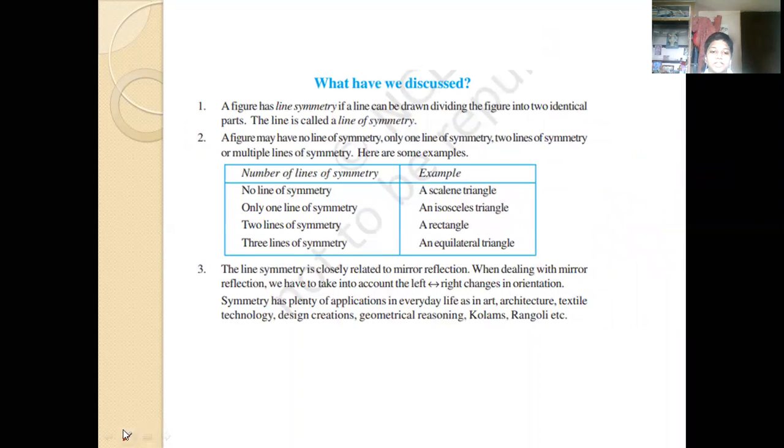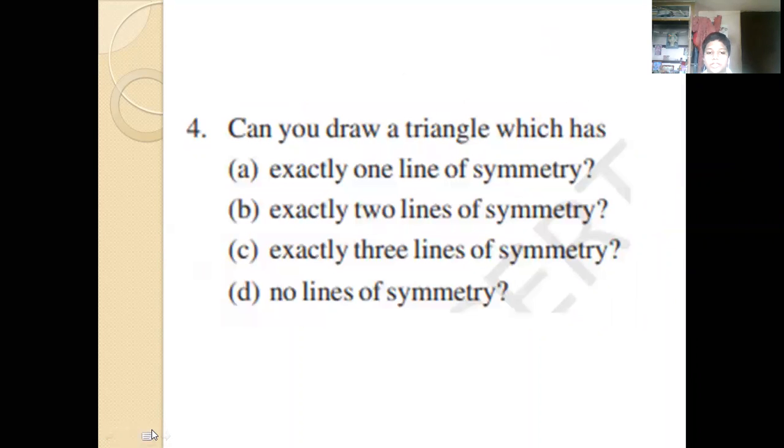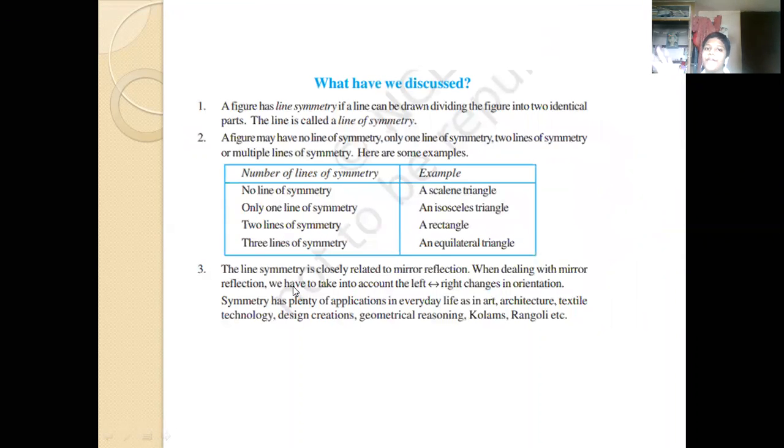What we have discussed, we'll be revising once. A figure has a line of symmetry if a line can be drawn dividing the figure into two identical parts. This line is known as the line of symmetry.